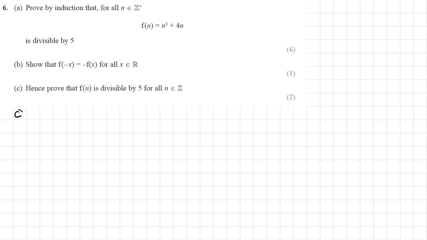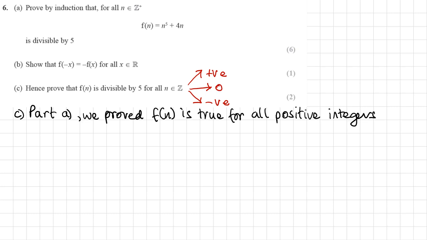Part C, and it says, hence prove that f of n is divisible by 5 for all n in the set of positive and negative integers. So basically, we need to show that the statement is true for positive integers, for negative integers, and for 0. First of all, in part A, we proved that f of n is divisible by 5 for all positive integers, so we can tick that off the list.